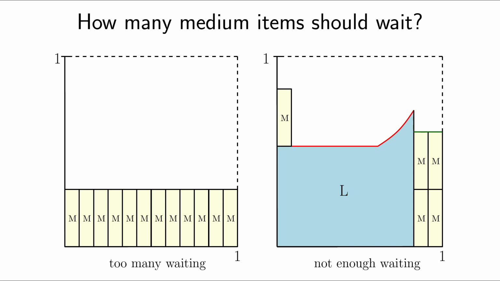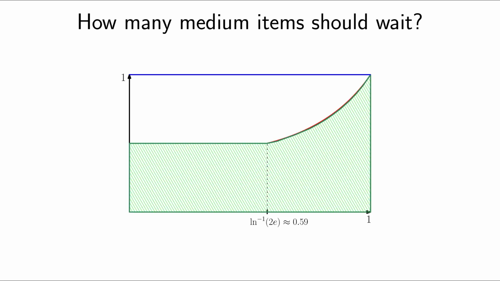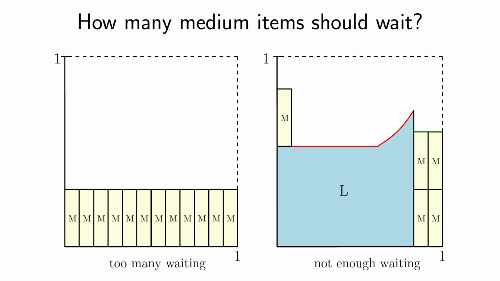Recall that gain of the algorithm must be equivalent to the area under entire function f. However, stacked medium items contribute much less gain than the threshold value. The part that is missing is depicted by the green dashed area.